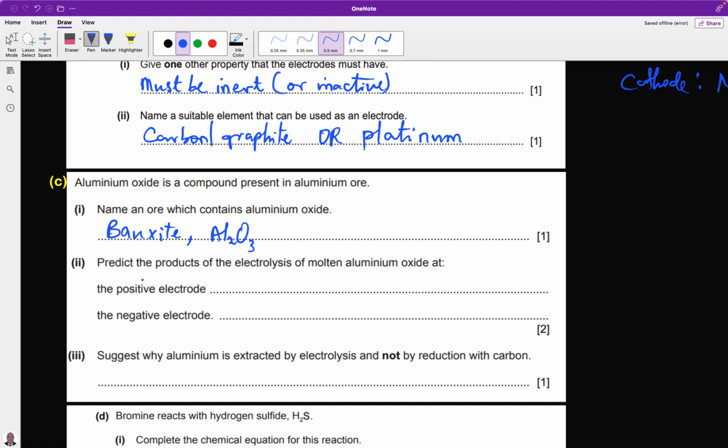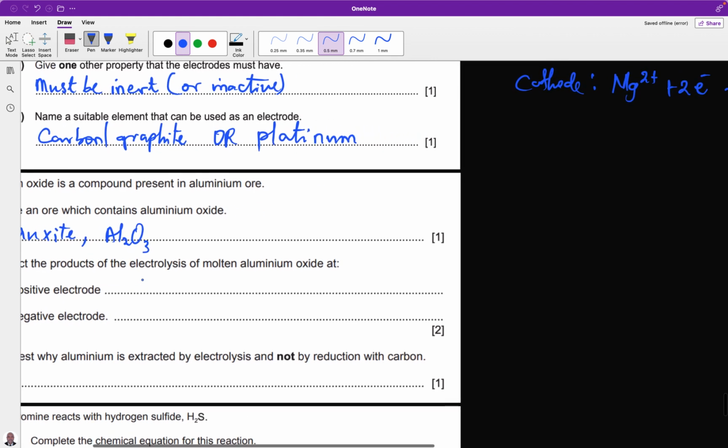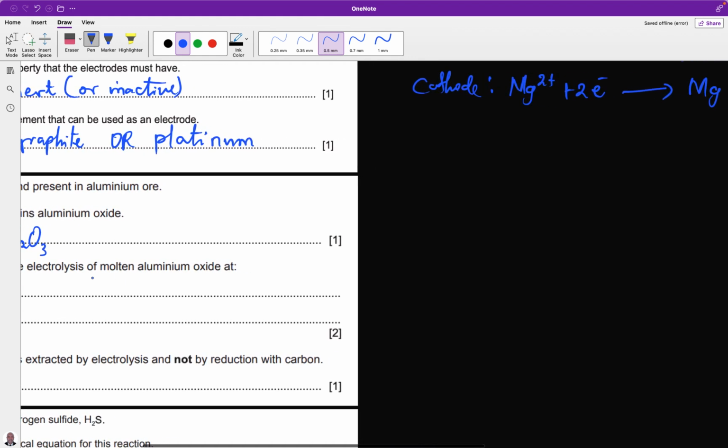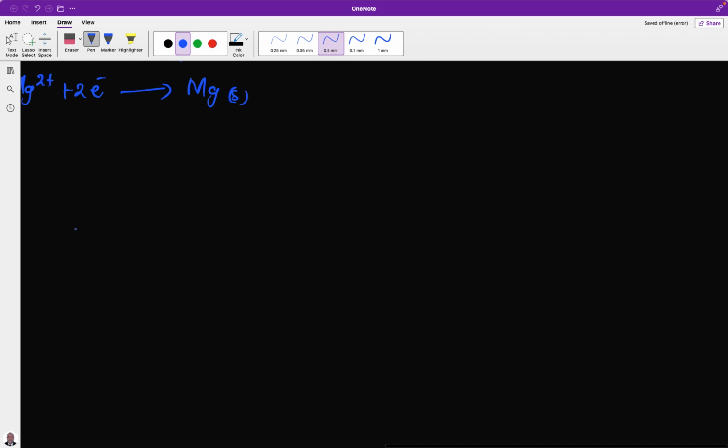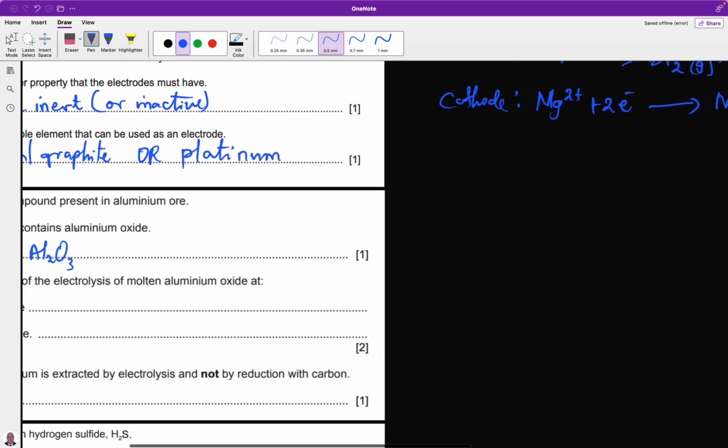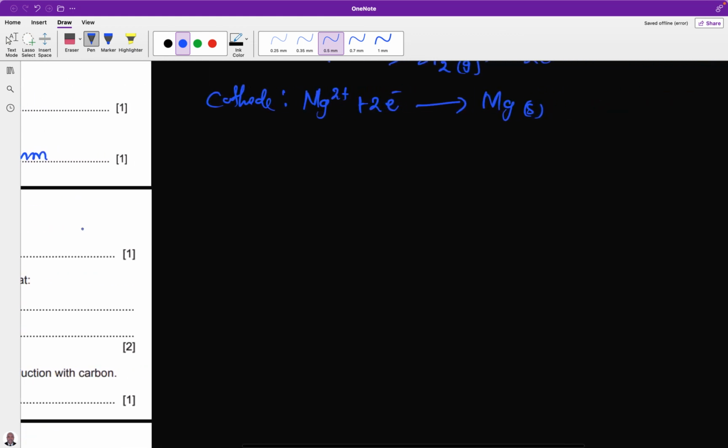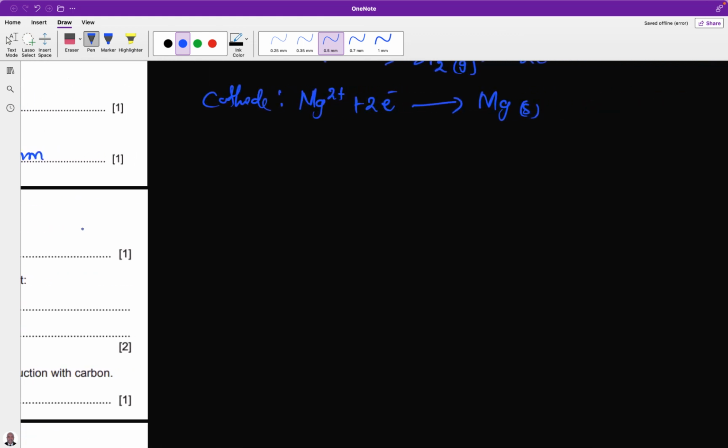To predict the product of electrolysis of molten aluminum oxide at the positive electrode and the negative electrode, it should be remembered, for the purpose of revision, that aluminum is extracted from bauxite ore.